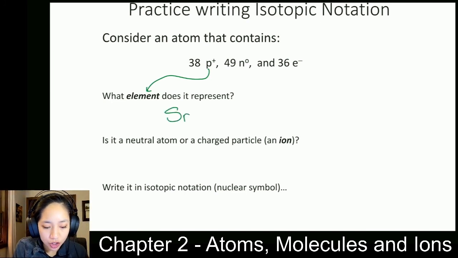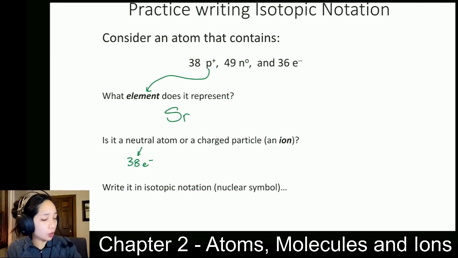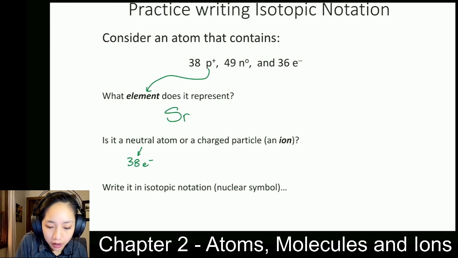Now the next question: is this a neutral or a charged particle? Since this has 38 protons, it would need 38 electrons to be neutral, but it doesn't, unfortunately. We have an unequal number of protons and electrons: 38 protons and 36 electrons.